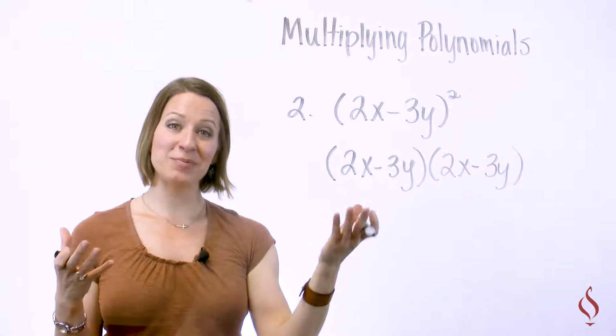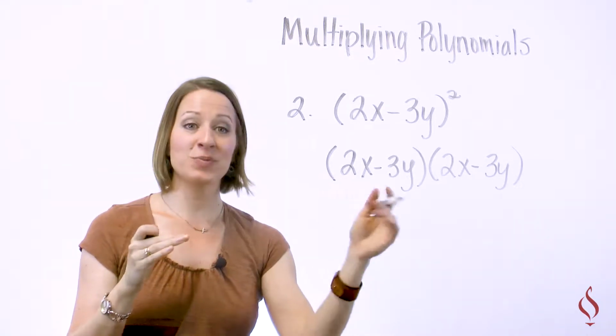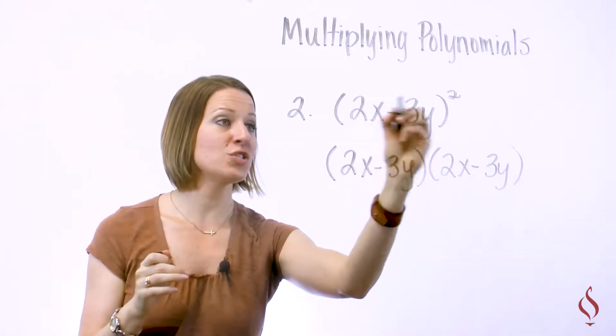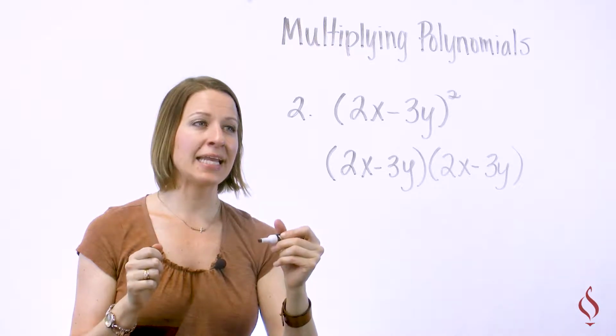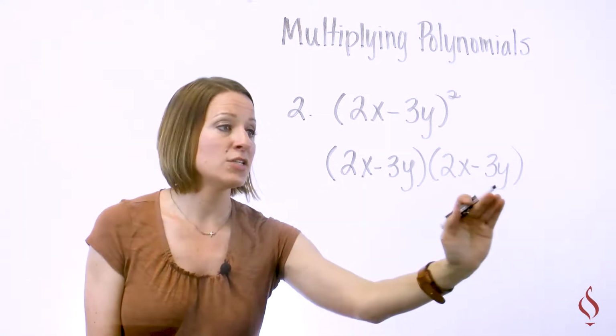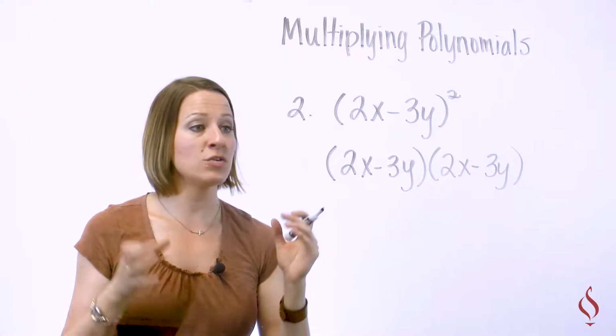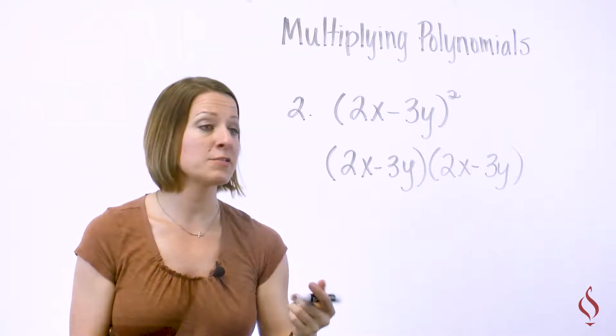Sometimes my students see a problem like this and they just try to imagine that it's written out twice, and they try to just work with this expression and multiply back and forth, and it doesn't always end up very well. So I encourage you, it just takes a second to write it out twice, and then you can apply the FOIL method, and it's more likely that you're going to get it correct.